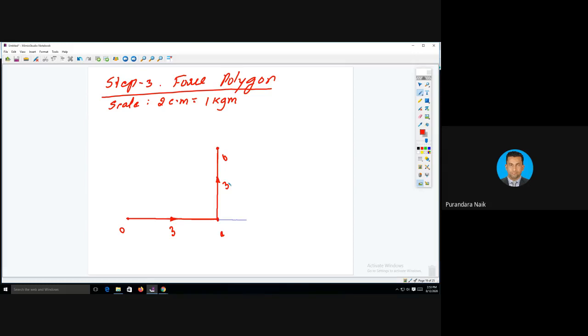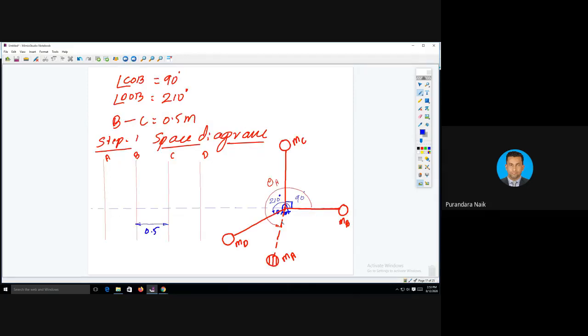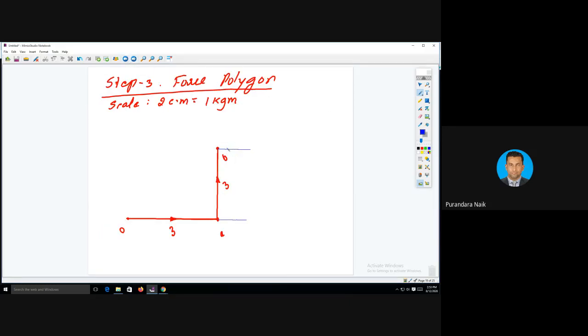Now again you need to draw the reference line. This is the reference line, always horizontal from point B. Now mass D, the magnitude is 2.8. It is doubled, but the angle of D is 210 degree from B. You measure 210 degree and draw a line.